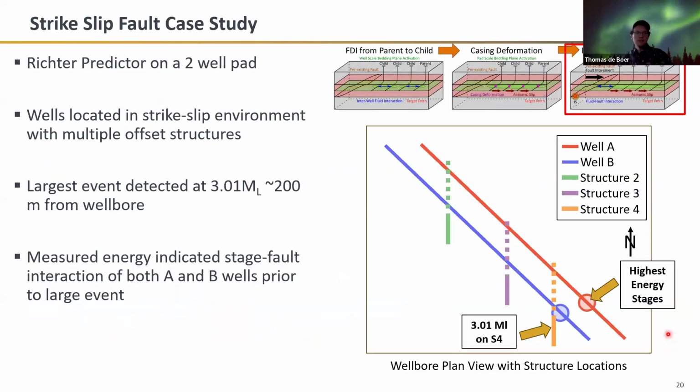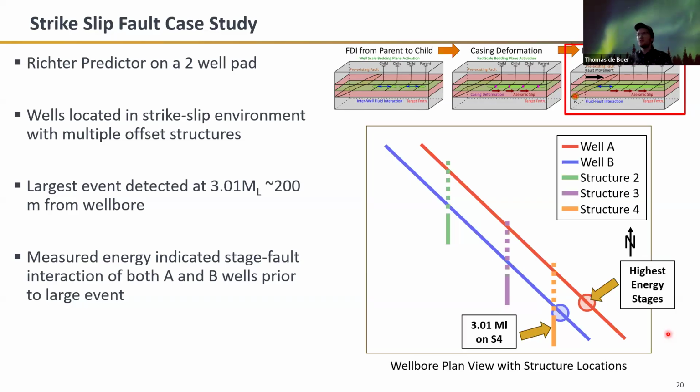Beyond that, we've also applied this to induced seismicity cases. So again, if we think back to the actual process here, when we're talking about casing deformation, induced seismicity, and even fracture-driven interactions, what we're really looking at is the coalescence and the simplification of our fracture network along these larger planar features.